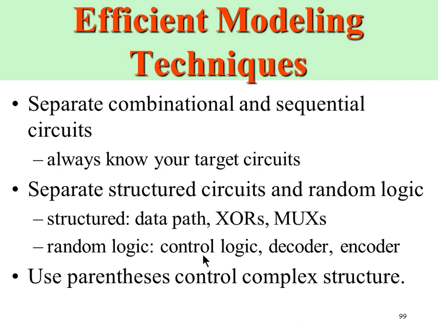Using always blocks, or even sometimes continuous assign statements, you can generate control logic, but it's mostly using always blocks. If you separate the data path and control logic completely, it will be better. Then like point number one, wherever possible, separate the combinational and sequential circuits. In the earlier pipeline example, this was the combinational circuit, this was the sequential circuit. We separated it out.